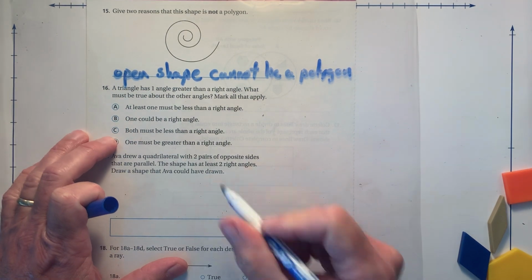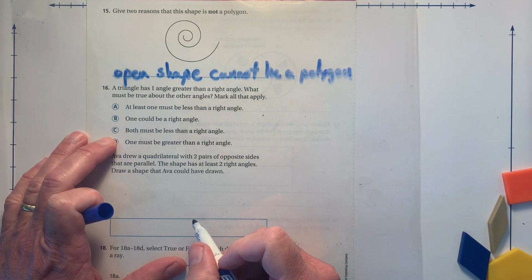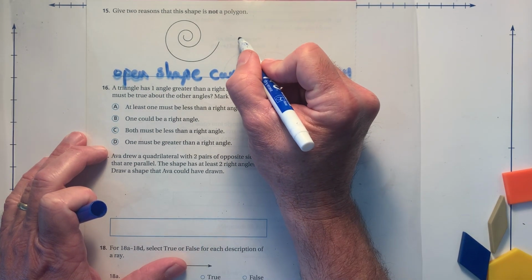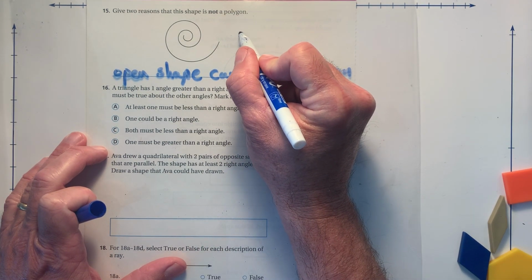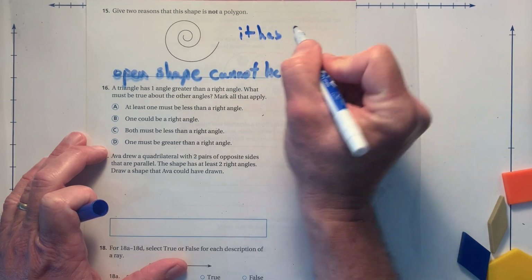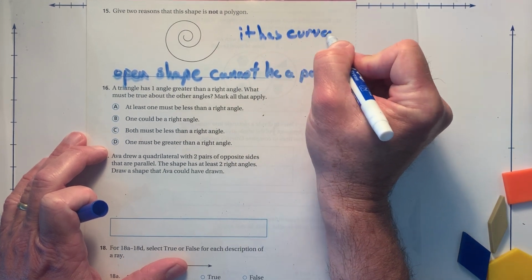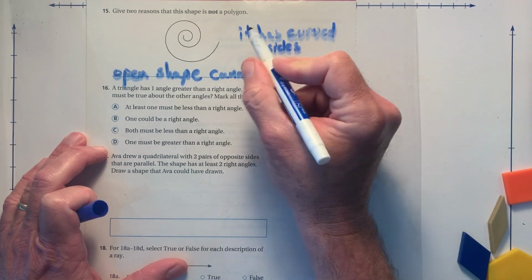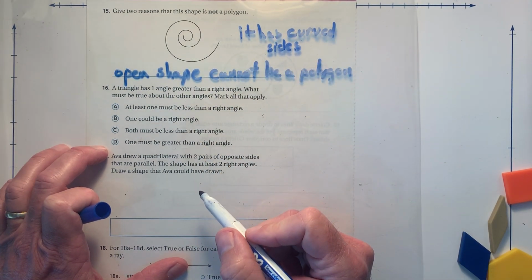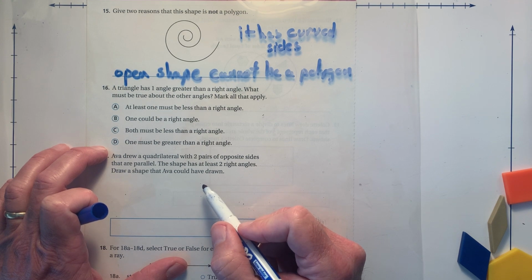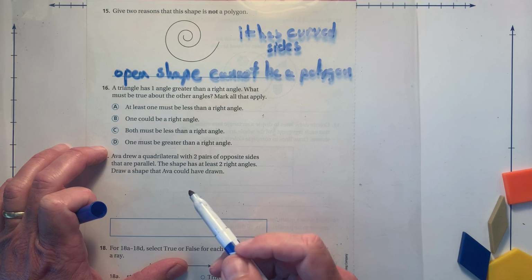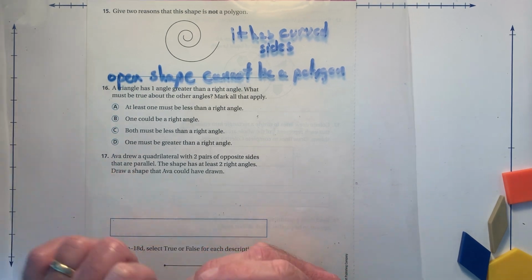And what is another reason this could not be? It does not have straight sides. It has curved sides. And we know polygons must be straight-sided. They must be closed. That is 2 reasons that this shape cannot be a polygon.